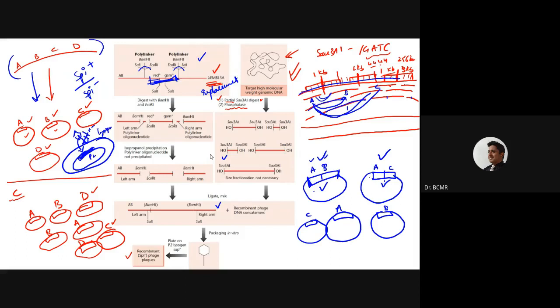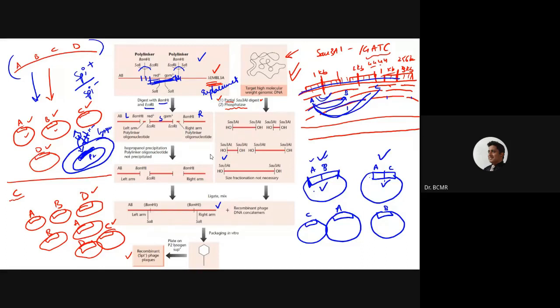So EMBL3A is digested with BamH1 and EcoR1. So we are using two enzymes to cut it something like this, BamH1 and EcoR1. So there are three big fragments: left arm, right arm, and the stuffer region.